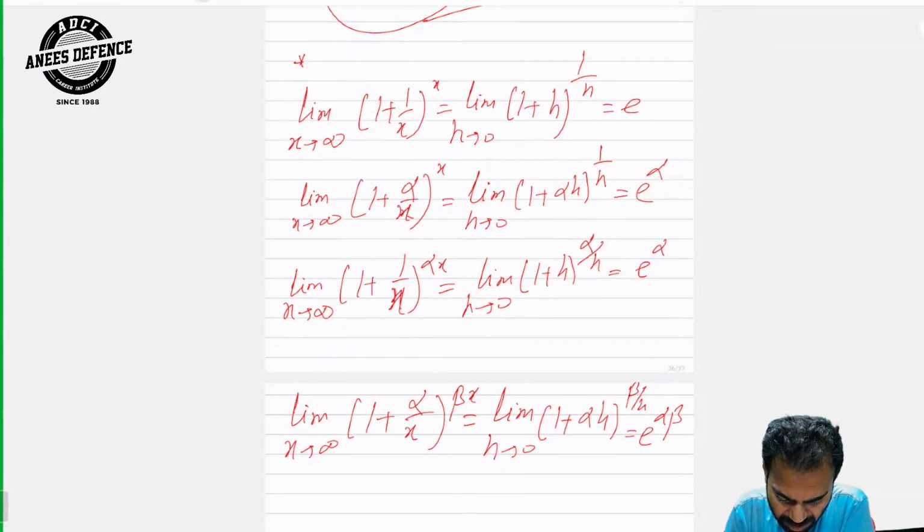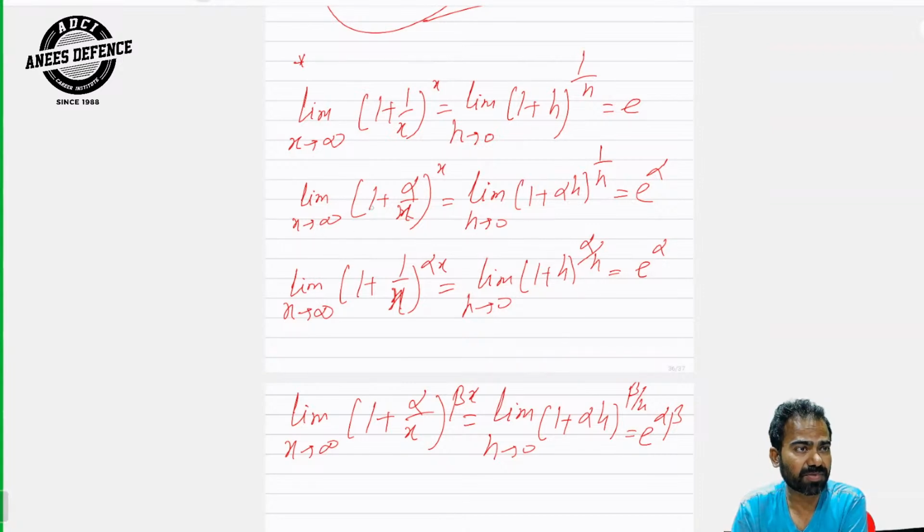I repeat: limit x tends to infinity, 1 plus 1 by x whole to the x, equals limit h tends to 0, 1 plus h whole to the 1 by h, is equal to e, right?